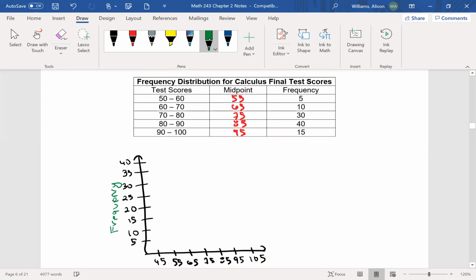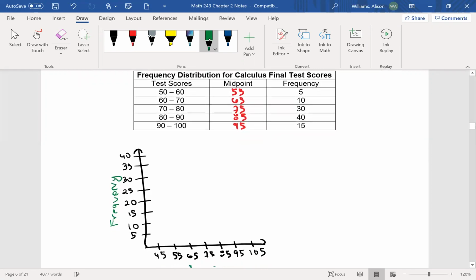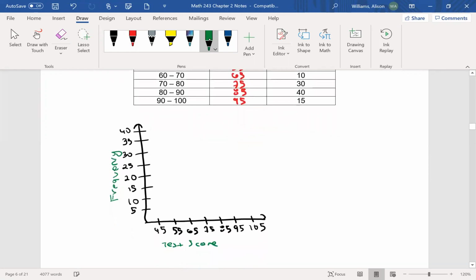And it's a final. So frequency distribution for final test scores. All right, there we go. We'll make that distinction.